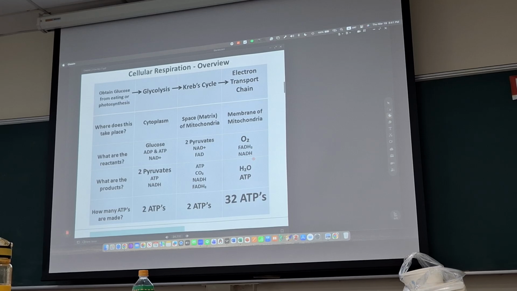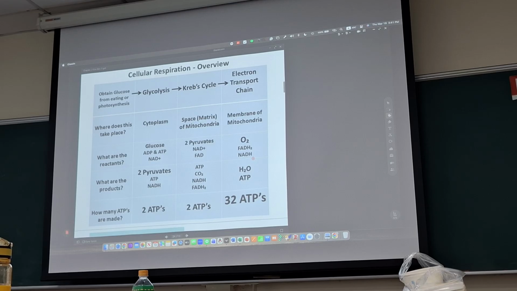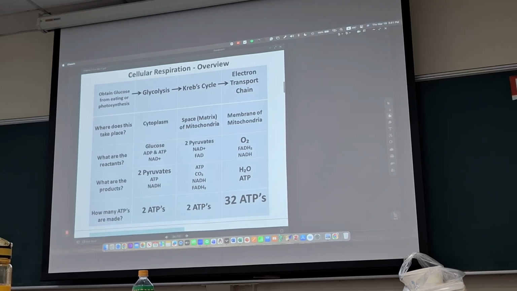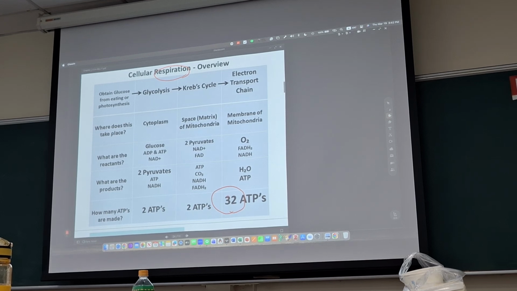I just want you to see this slide very quickly, okay? The reason we need oxygen for respiration is that during the respiration, it will produce 32 ATP. Some textbooks say 34. That's the reason without oxygen we will die.